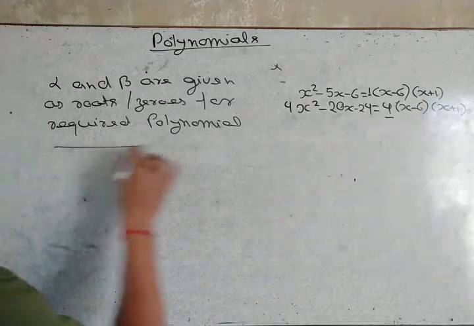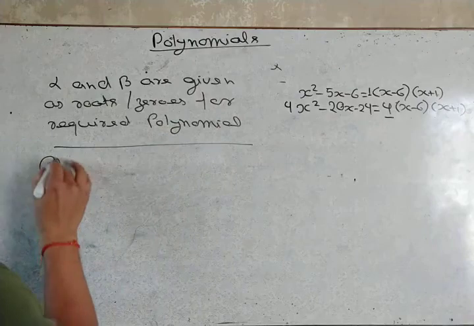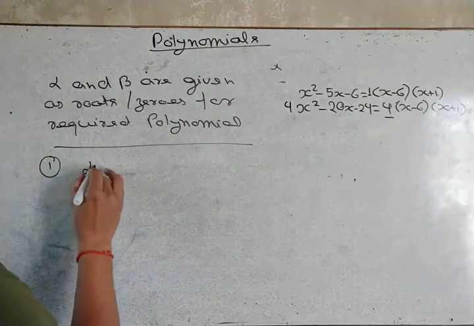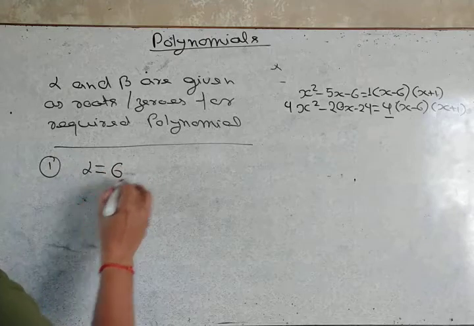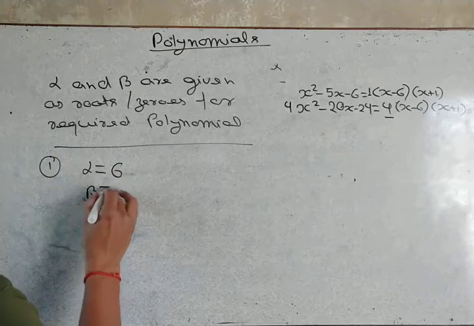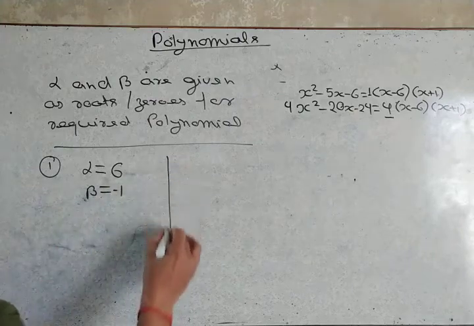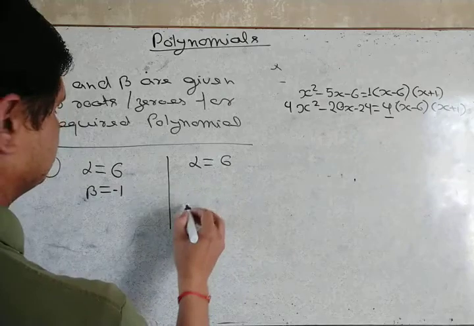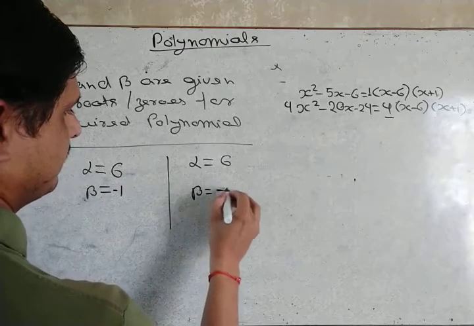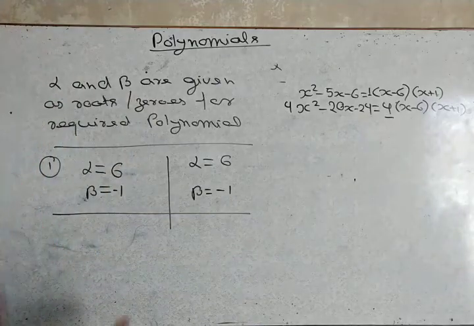Let us say, for example, for the first equation alpha is given as 6 and beta is given as minus 1. For the second, again alpha is given as 6 and beta is given as minus 1. So there should be a mechanism by which we can find out the equation.